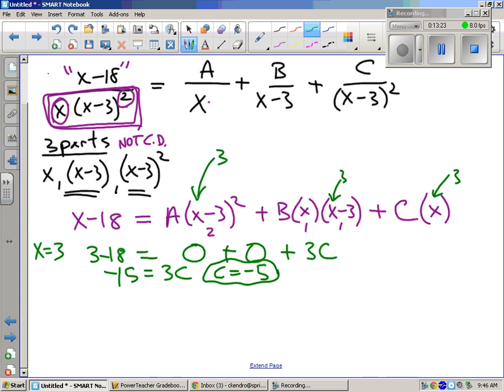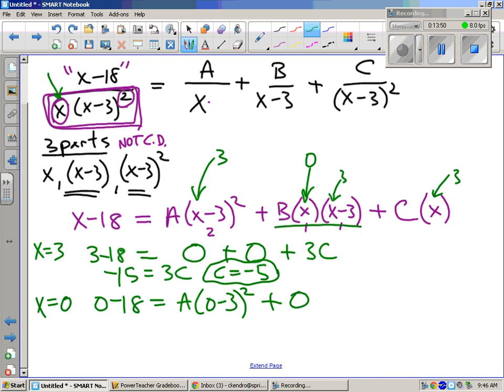All right, look at the next parentheses, or the next thing. I'm going to choose right here. If I put a 0 in for that, that will make that whole thing 0. So if I choose x equals 0, then I get 0 minus 18, so negative 18. And then I have a times 0 minus 3 squared plus 0. This whole thing will be 0.